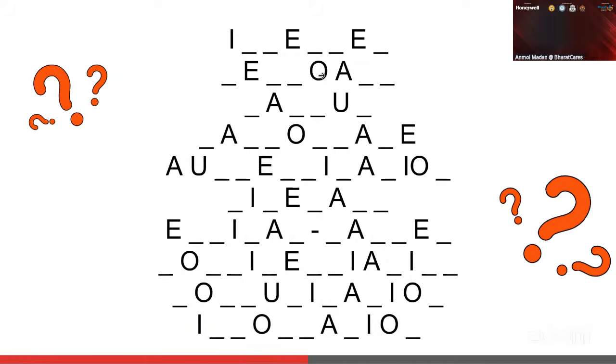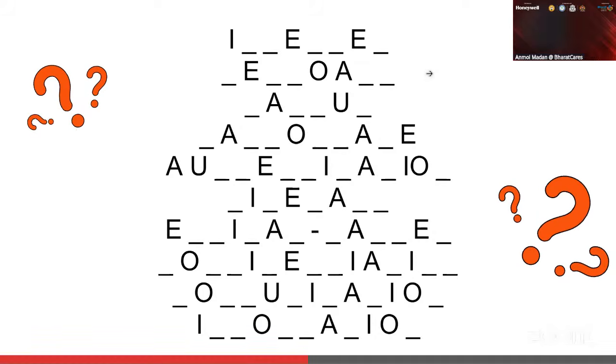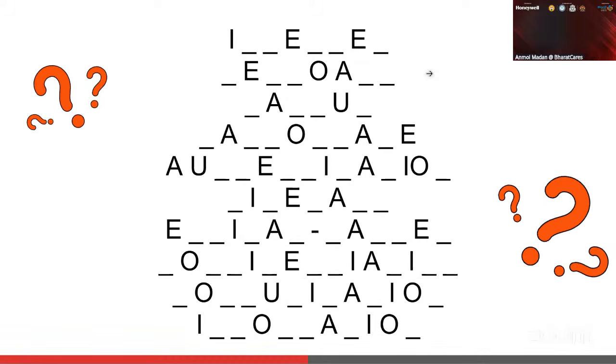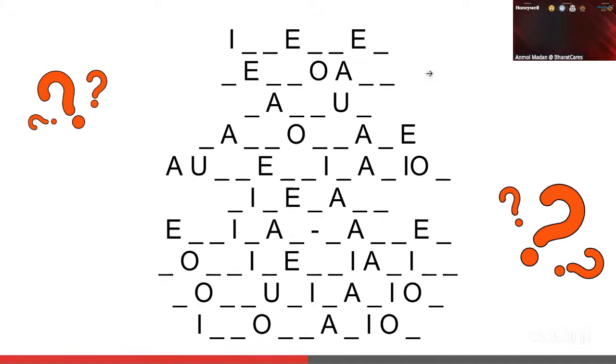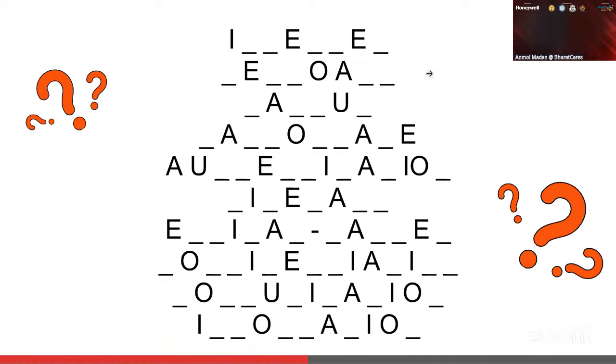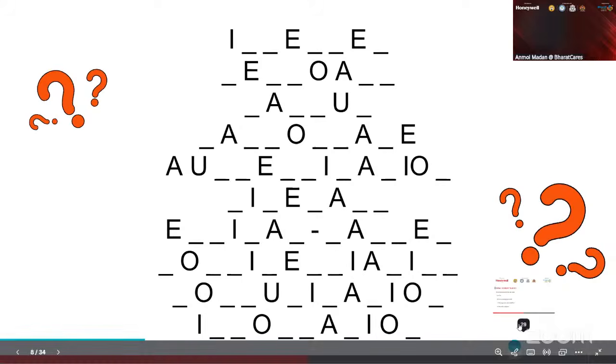So any idea what the first one is? Yes, in the first master class, it was two truths and one lie. Perfect. Second one was the crossword puzzle. Third was the jumble words. And the fourth one is fill in the blanks. This is something that you remember, huh? Really great.